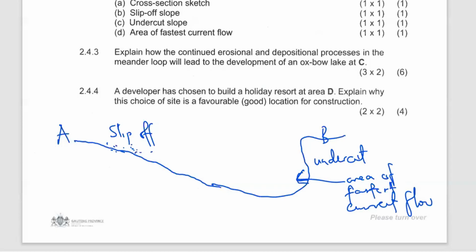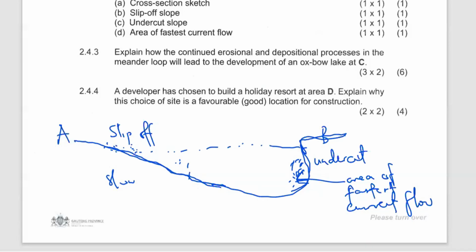If we were to indicate the level of the discharge in the river, it means water flowing around this area will be faster and will be eroding this side, and water flowing around this area will be very slow. So basically that is how you must draw your cross-section. Make sure that the shape implies, and there must be a steep slope here which is being undercut, and there must be a gentle slope on this side to indicate that there's deposition, and that's the shape of the sketch.